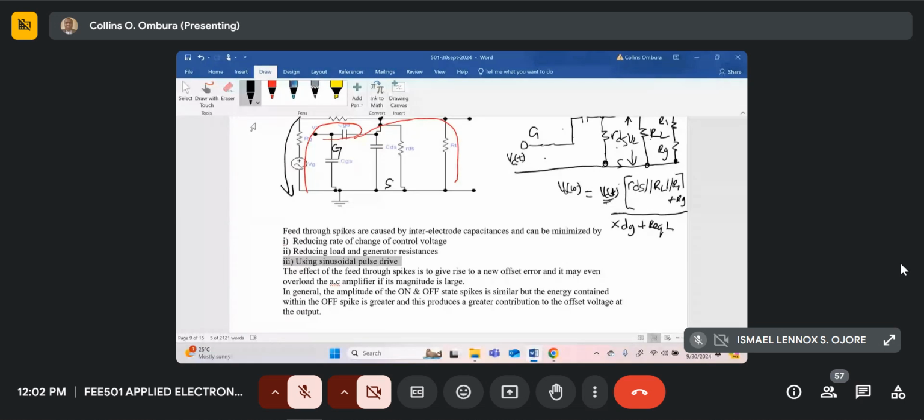In general, the magnitude of the off and on spikes is similar, but the energy contained within the off spike is greater and produces a greater contribution to the offset voltage at the output.